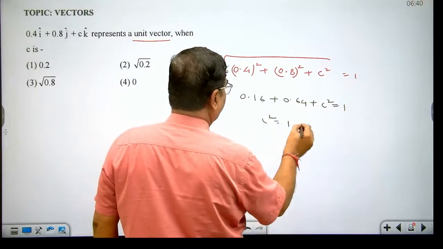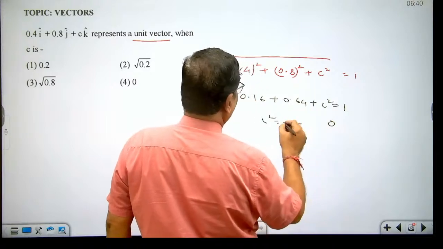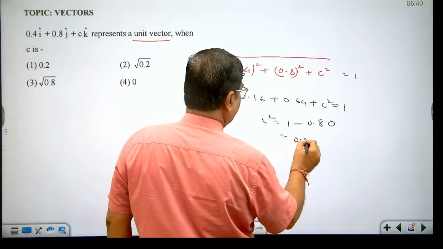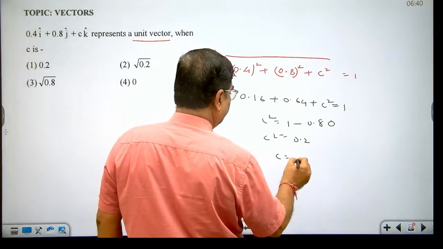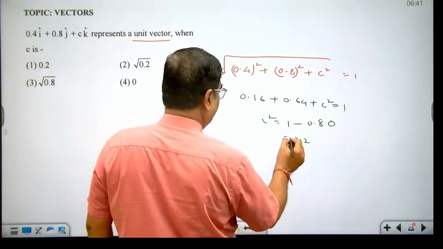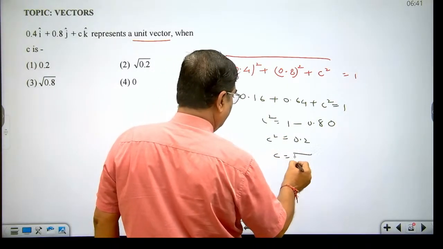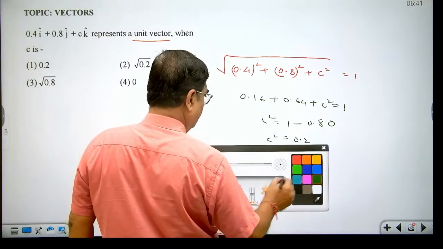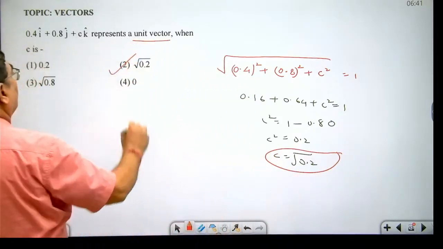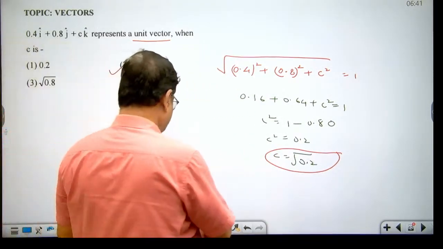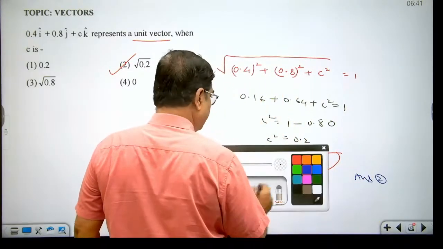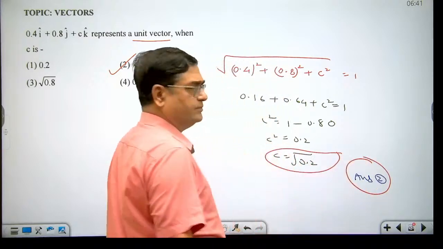So c square equal to 1 minus 0.8, so this will become 0.2. So c is what? 0.2 under root. So out of 4 choices, the correct choice is option 2. Option 2 is the correct answer of the question.